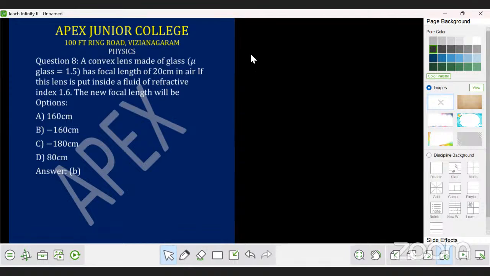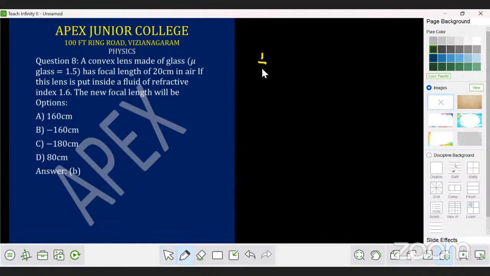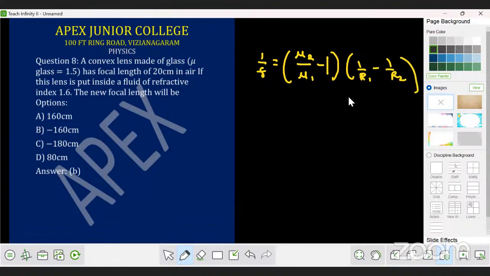What is the formula for focal length? 1 by f equal to, in any medium, mu2 by mu1. Mu2 in the sense refractive index of lens. Mu1 is surrounding medium. So mu2 by mu1 minus 1 into 1 by r1 minus 1 by r2. This is a very basic formula, the lens formula.